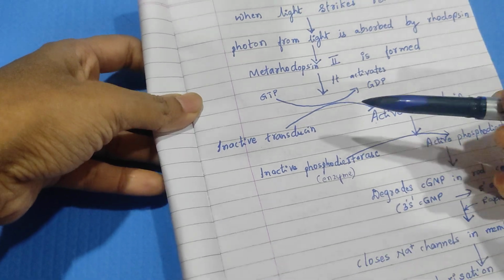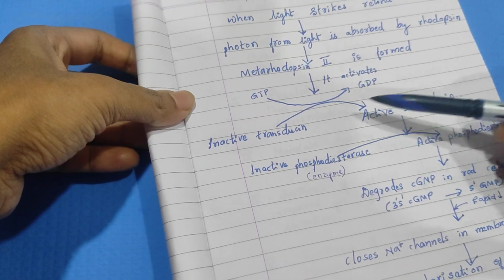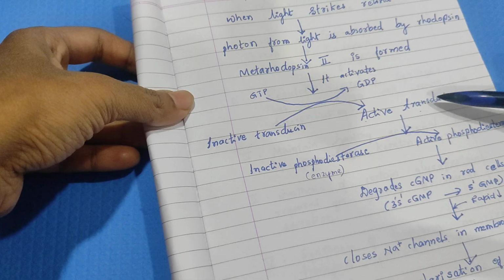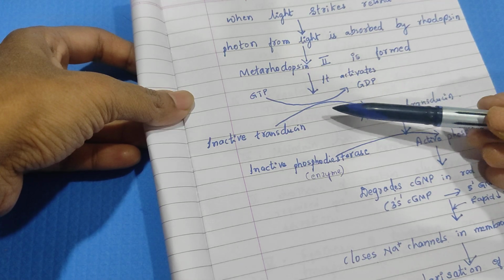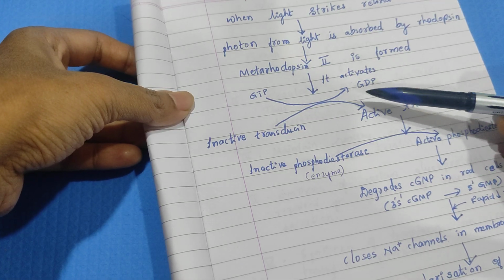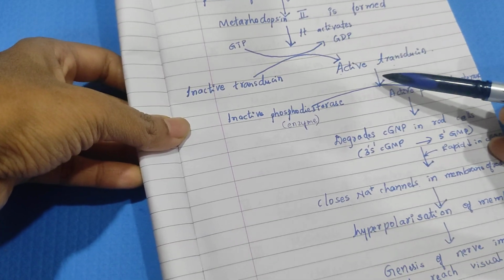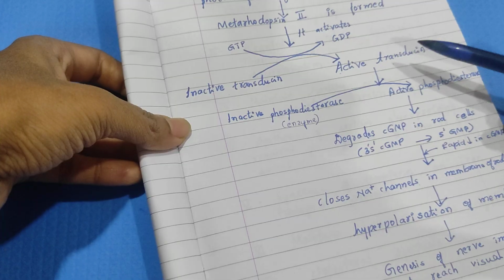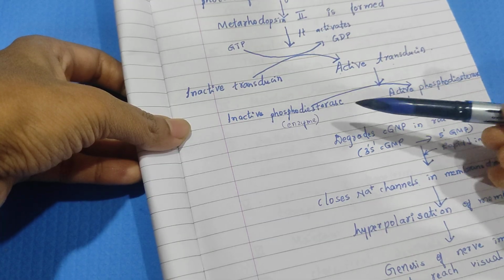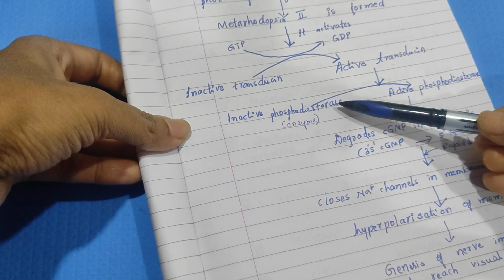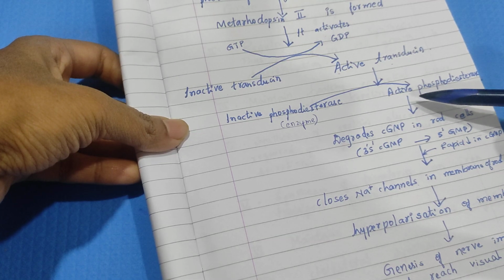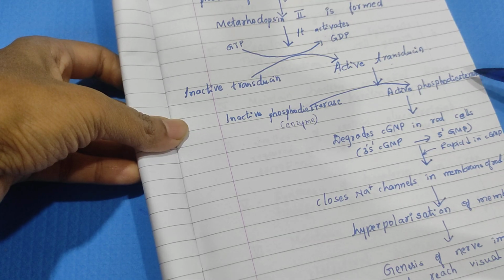It activates the inactive transducin to active transducin and utilizes GDP, and GDP is released. So active transducin again activates inactive phosphodiesterase into active phosphodiesterase.